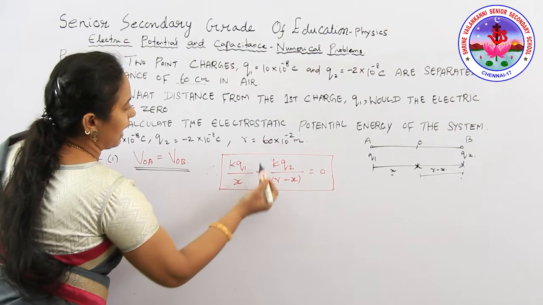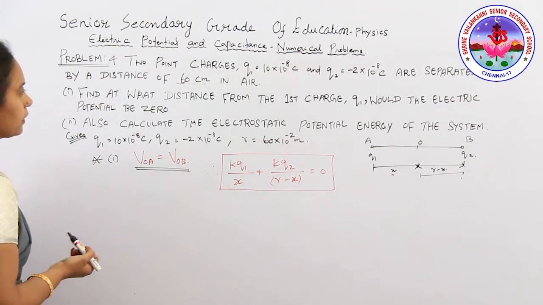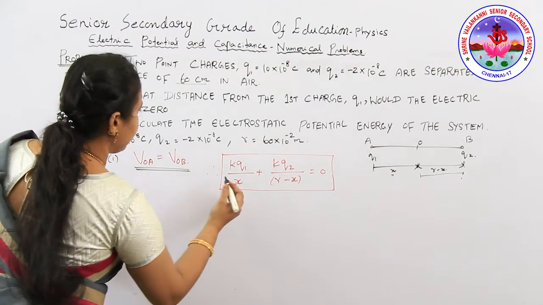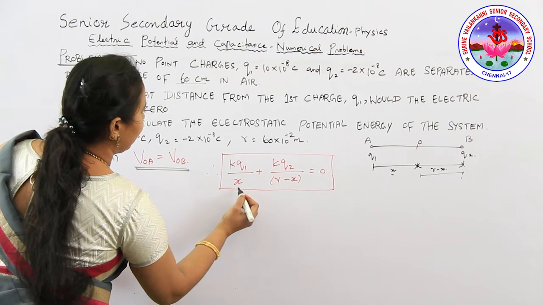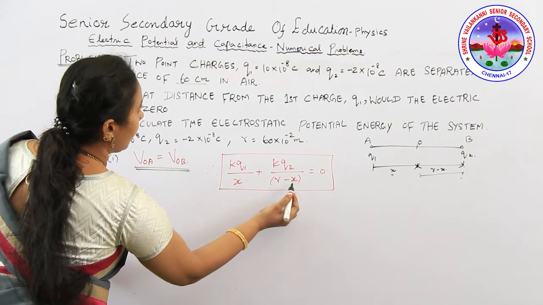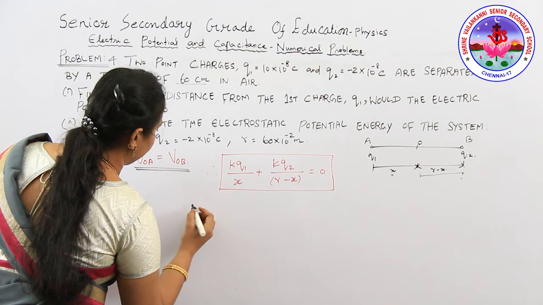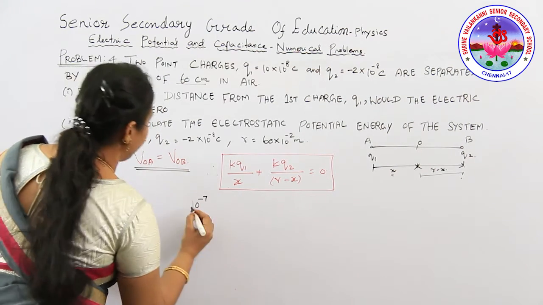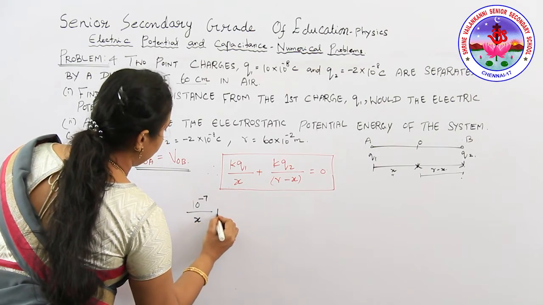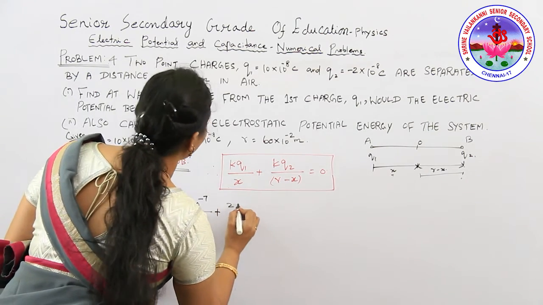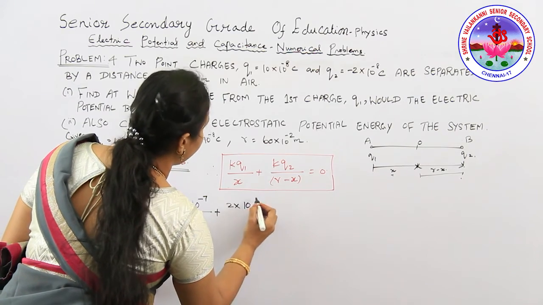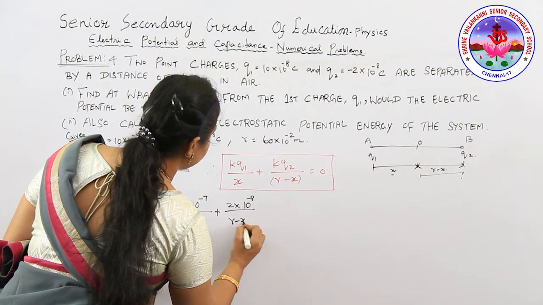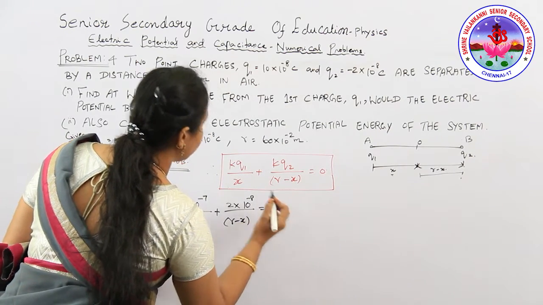By applying the values we will get the distance. So here Q1 is 10 power minus 7, so we can write 10 power minus 7 by X plus 2 into 10 power minus 8 divided by R minus X, and we take this equal to 0.